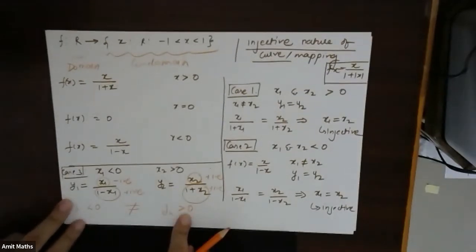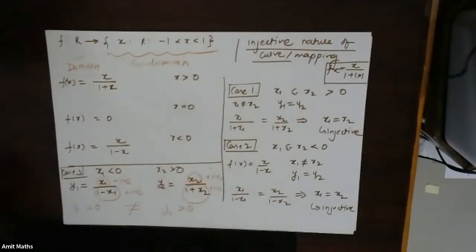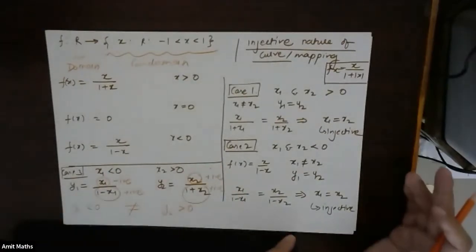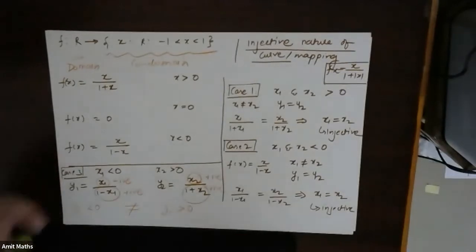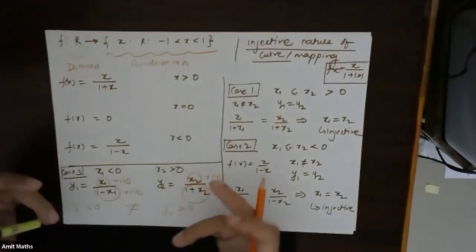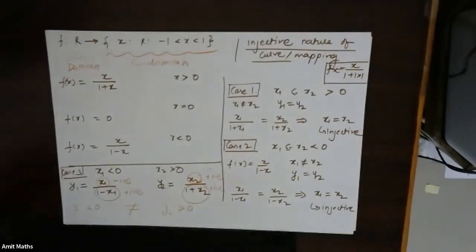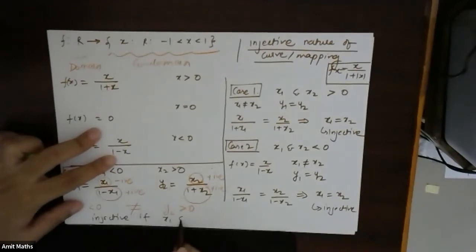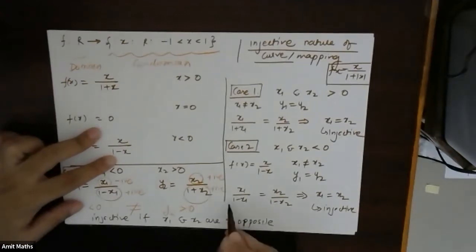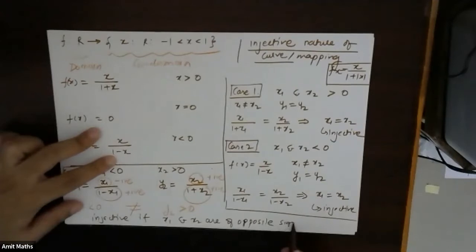So that means if I take one x from the left side and one x from the right side and substitute those x in the function, I will never get those two values equal. If I'm not getting two values equal, that means this function is injective if x1 and x2 are of opposite signs.